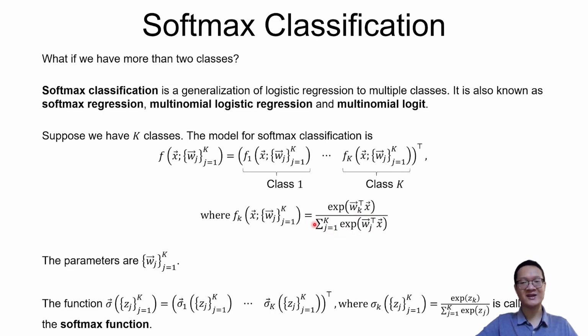So basically this makes sure that all of these probabilities add up to 1.